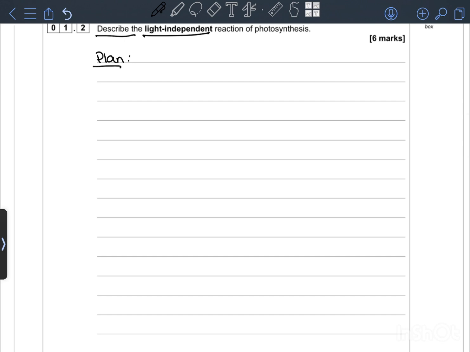With the light independent reaction, what we start with is ribulose bisphosphate. The first thing to remember is that it's a 5 carbon molecule, and it gets converted into 2 glycerol phosphate molecules. In the exam, you want to make sure to write the whole thing. Obviously, I'm being lazy and can't bother to write the whole thing, but this is 3 carbons each.